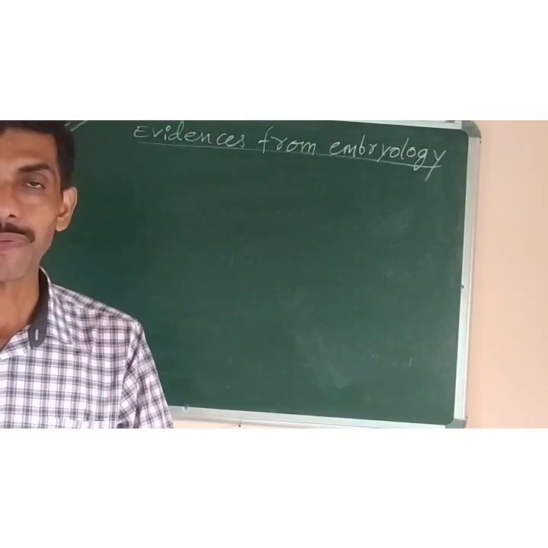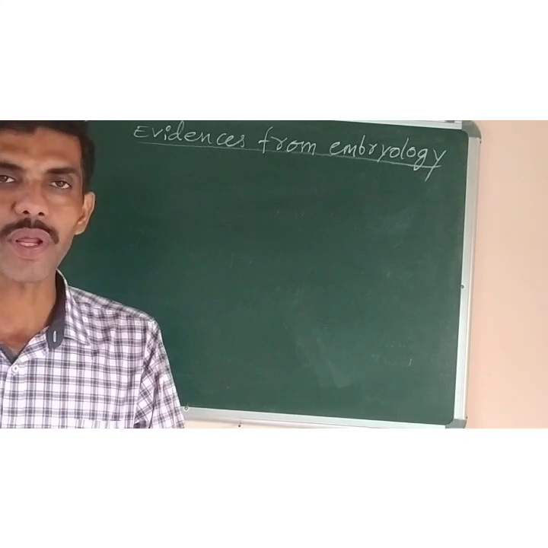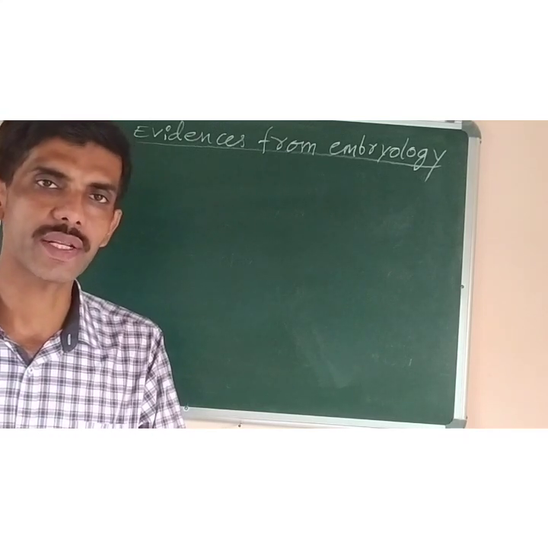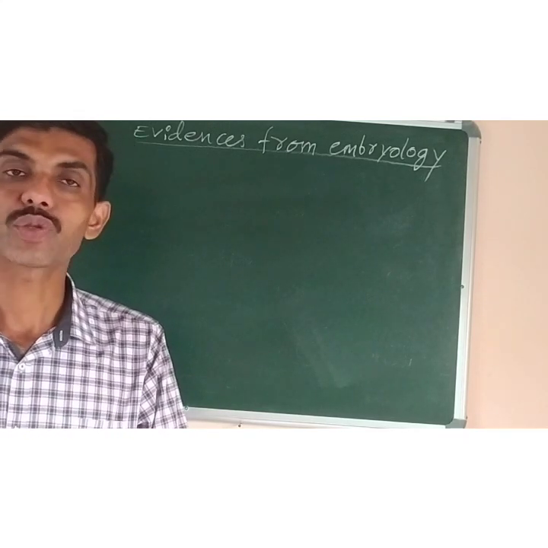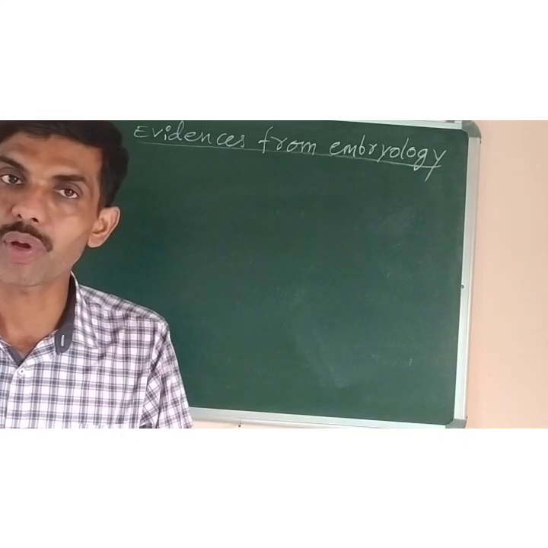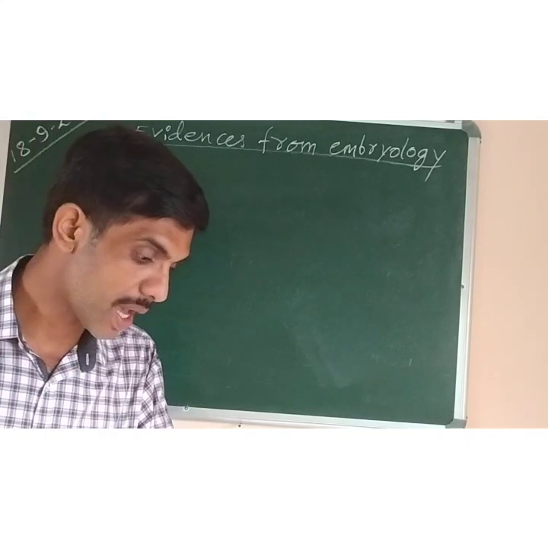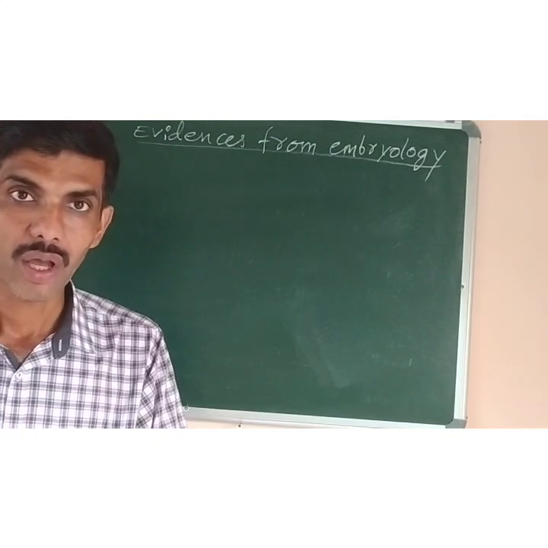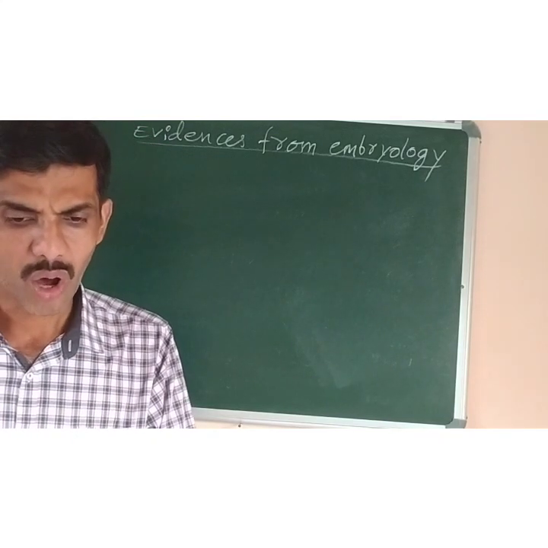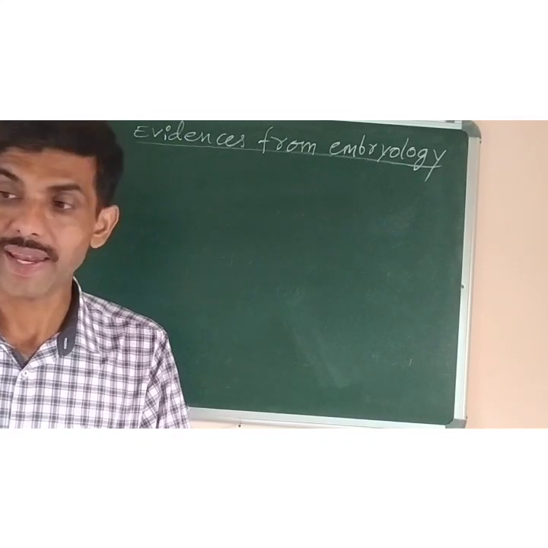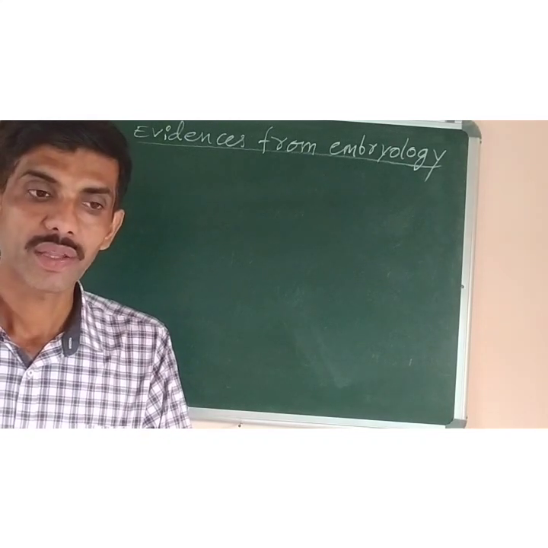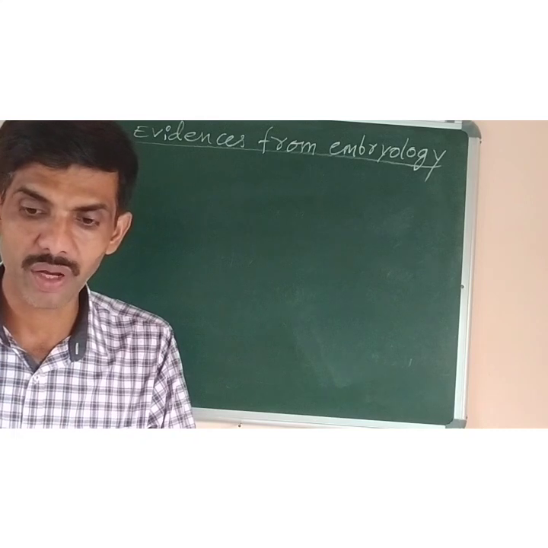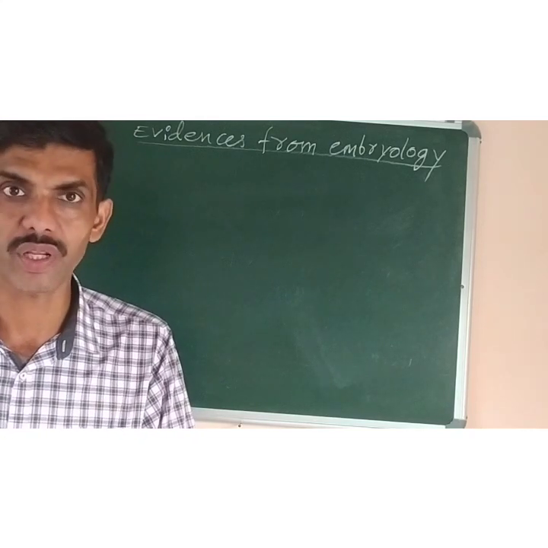If you compare the embryos of different vertebrates, you will find that they show similarity in their embryonic stage. If you see the embryo of a human being, of a chick, of a frog, of different organisms, all of them will show similar structure, and you may not be able to distinguish whether this is the embryo of a frog, or a mammal, or a human being, or a bird.